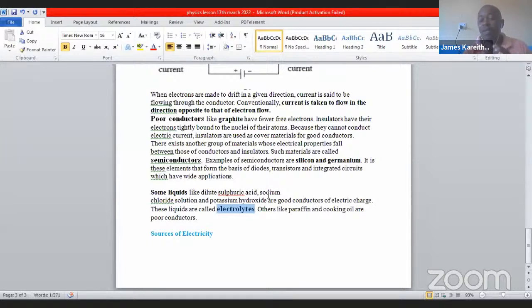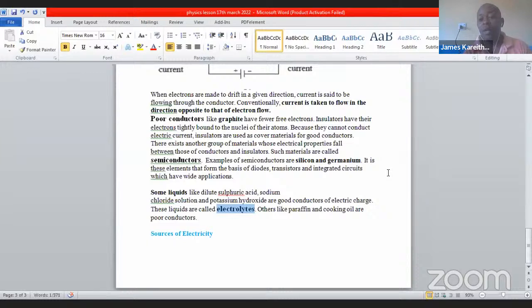But if it is a good electrolyte, like sulfuric acid and sodium chloride solution, those two solutions will allow current to flow and the bulb will light very brightly. At the same time, we have poor conductors of electricity in liquid form. Such are said to be poor conductors of electric charge in solution form. A good example is paraffin and cooking oil.